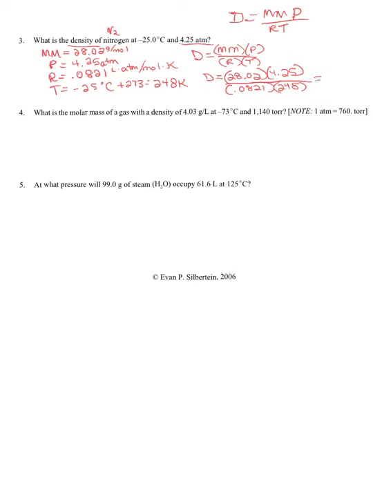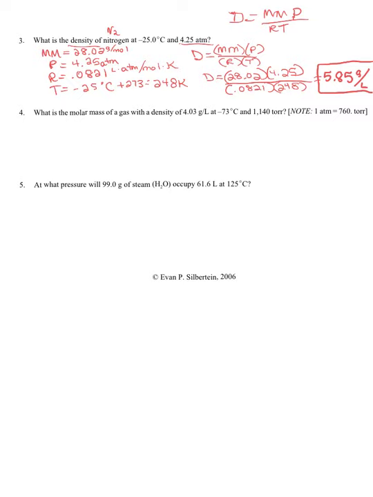Remember, everything on the top gets multiplied and everything on the bottom gets divided. So I'm going to take 28.02 times 4.25 divided by 0.0821 and divide by 248. I will get 5.85, and my unit is going to be grams per liter. The entire thing, grams per liter. Always double check that you get that out of your calculator.